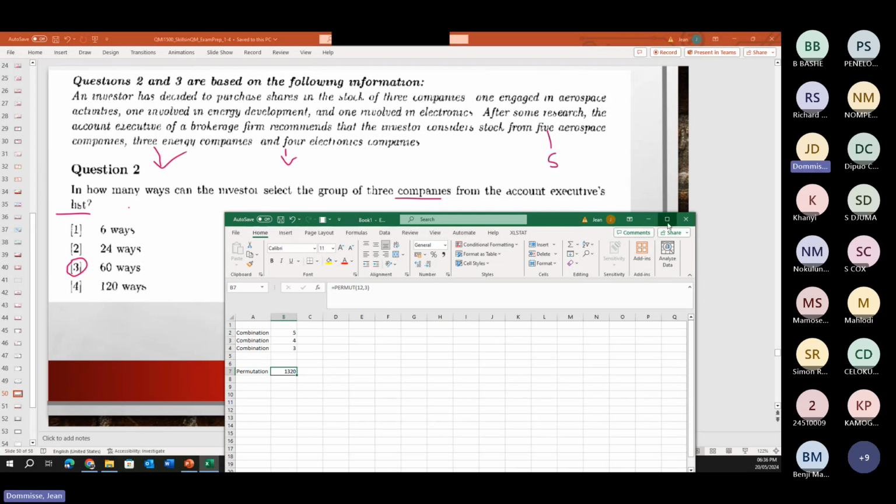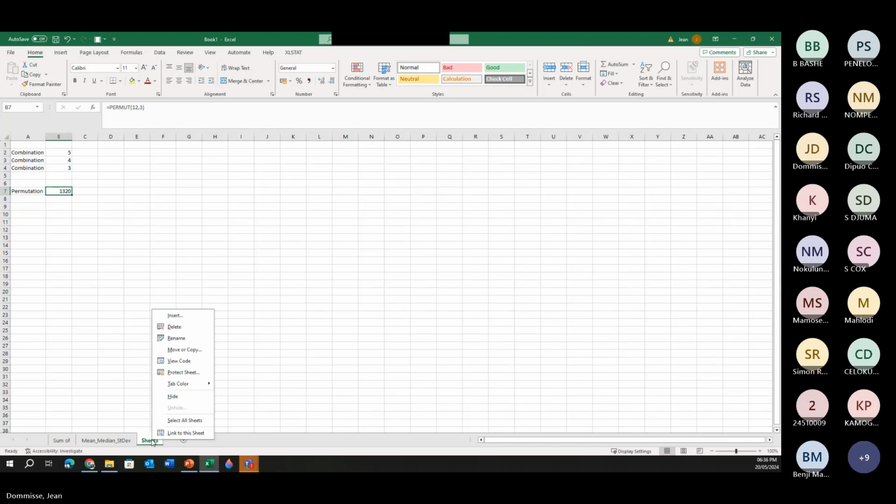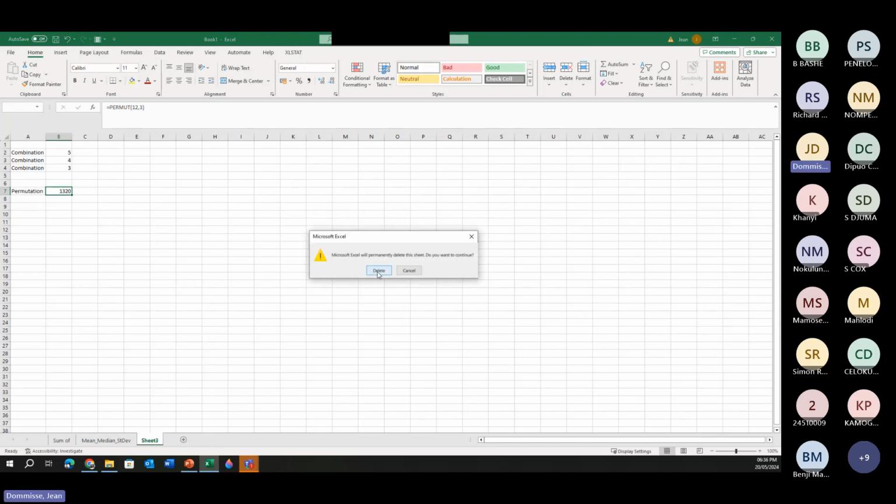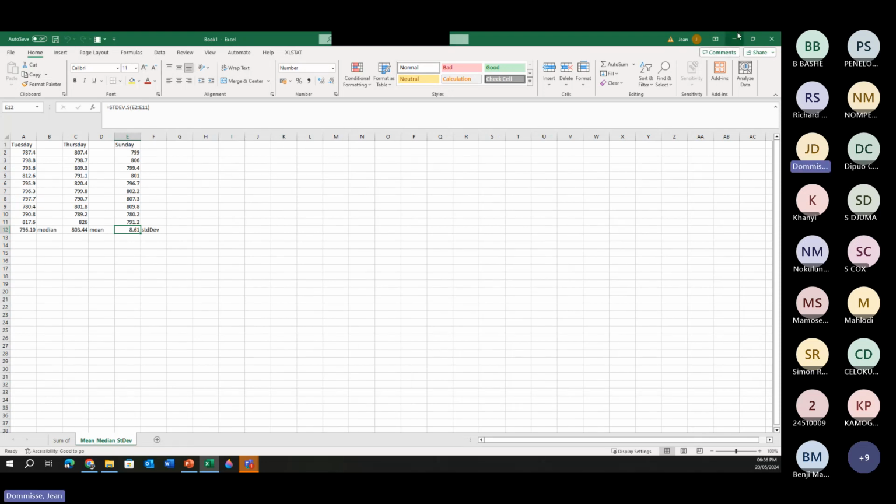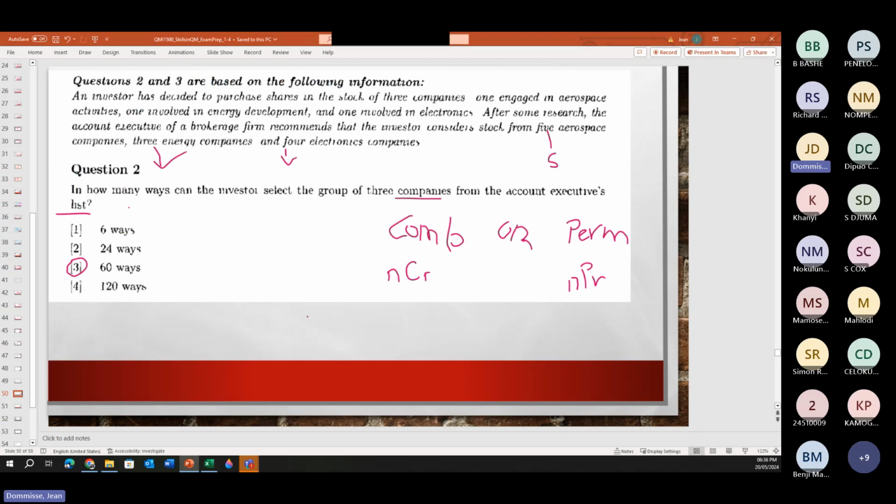But when I last tested the permutation and combination, it also doesn't really work very nicely in Excel, and I couldn't get it right on my calculator either. It is in your study guides.